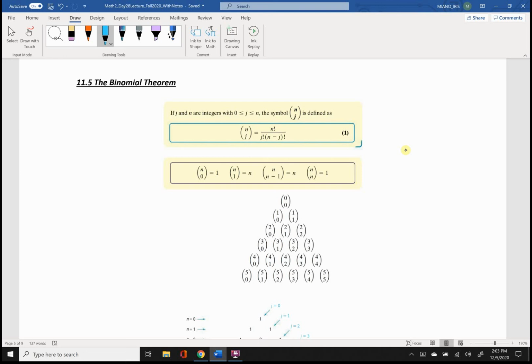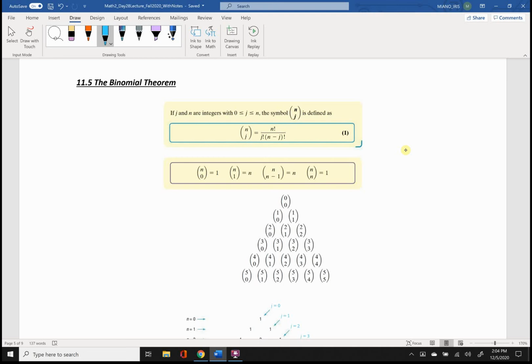Okay, there are some particular binomial coefficients that you're going to want to take into account. These will become more apparent, like where they fit into the actual binomial theorem, in just a moment. That is yet to be presented.